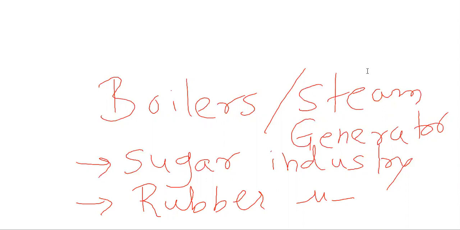There, if we are able to improve the efficiency of those boilers, the fuel consumption and the energy bill would be reduced. Similarly, in power plants too, if you improve the boiler efficiency, the coal consumption would be reduced.